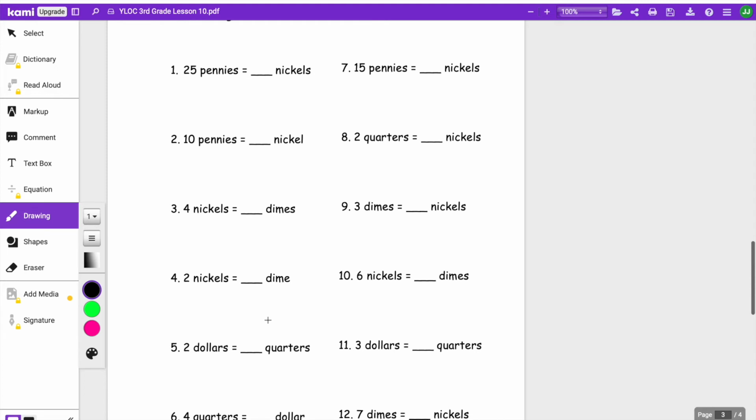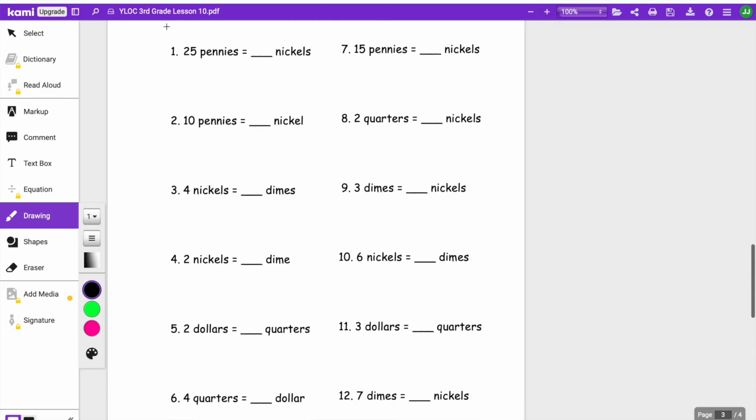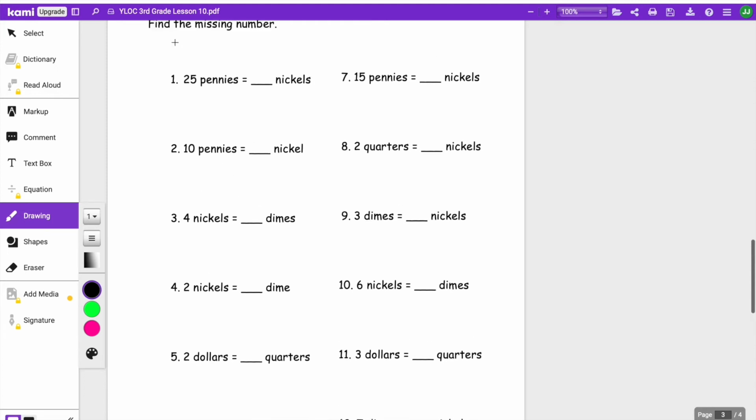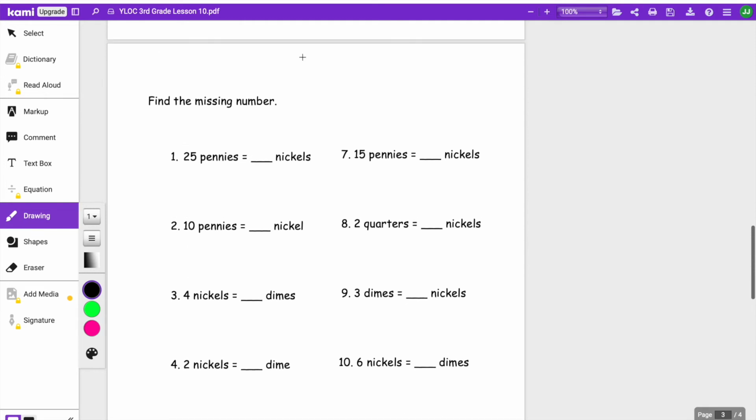So again, like last week, we're doing money conversions. As we all know, a penny is 1 cent. A nickel is equal to 5 cents.